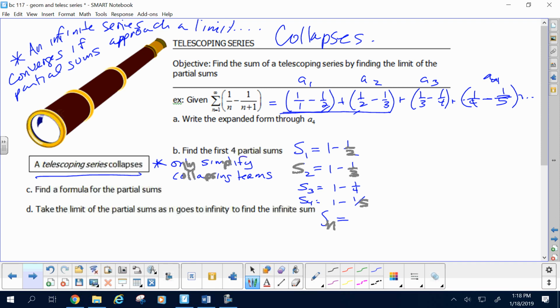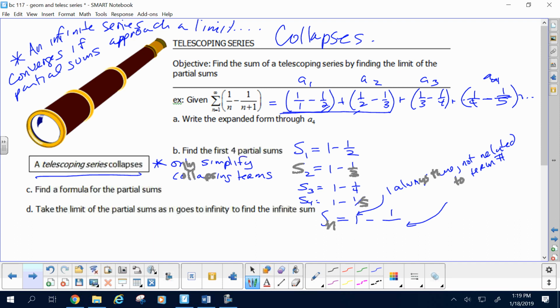What's always there is 1. The 1 is constant. It's not related to the term number. So I just write that down. Same with the subtraction, same with the numerator 1, same with the fraction part. What does change is the denominator.